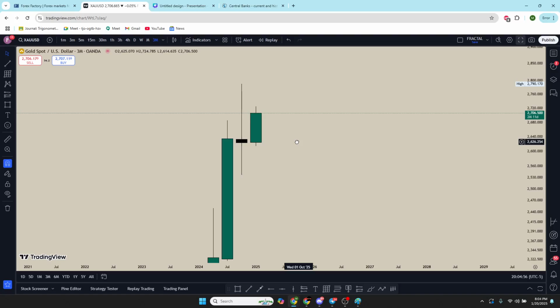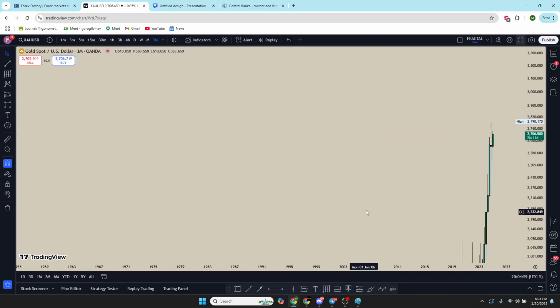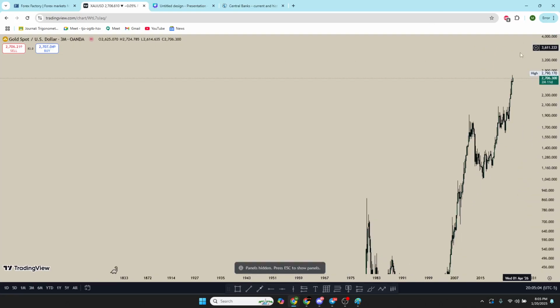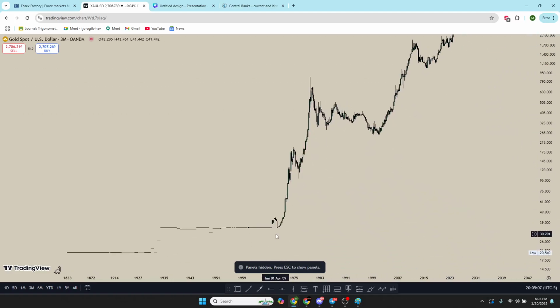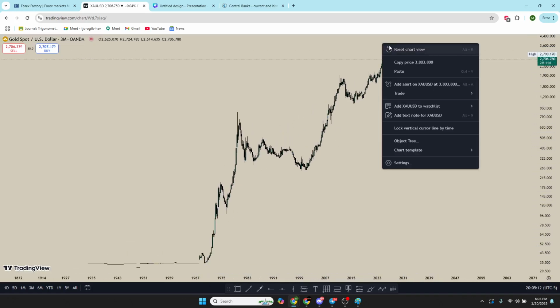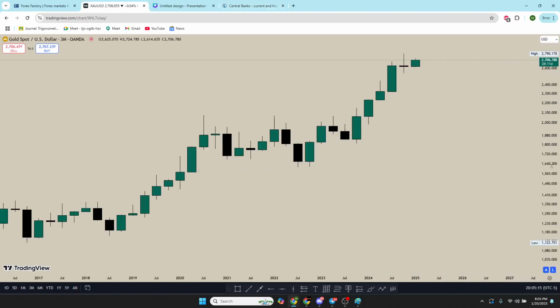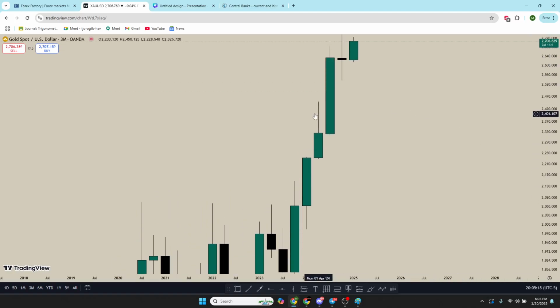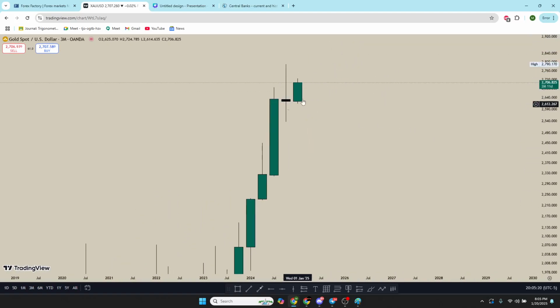We closed bearish, and it's hard to look back at any old data because we know that gold has been on the rise since its inception, right? So picking a top on gold would make no sense, but using either the last 3 months or the last 6 months of price can give us some telltale signs of where this 3-month candle might go.